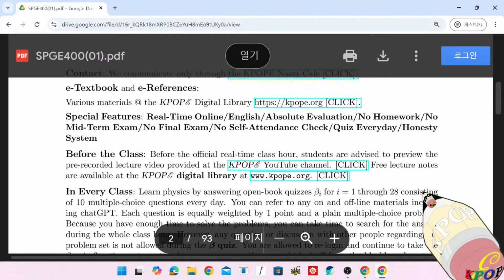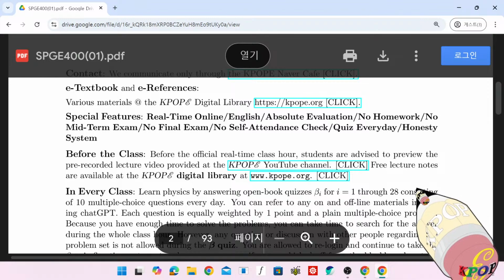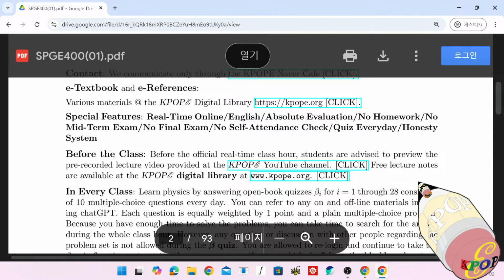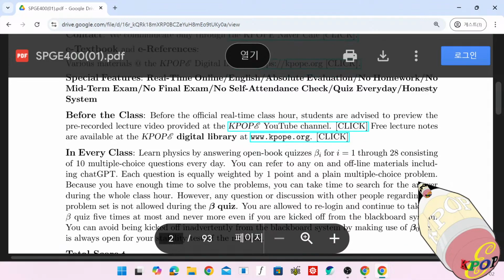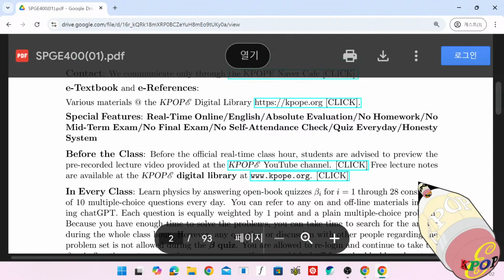But whatever the number of students it may be, let me continue to teach the same contents. Okay. Unlike many other classes, we have very special features.